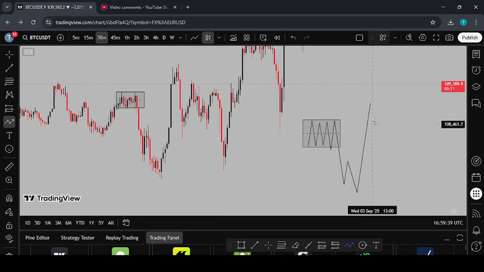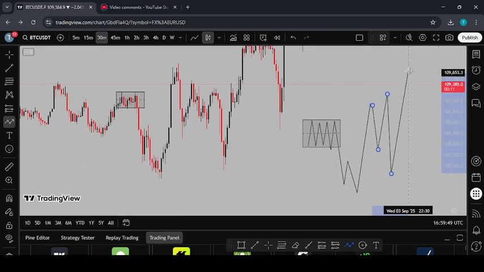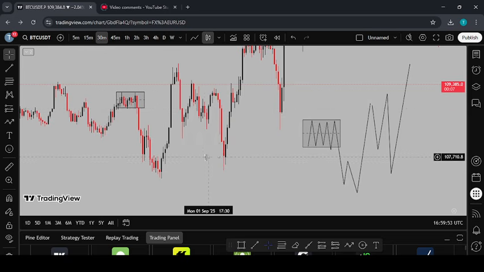Then the distribution move is when the market makes an incomplete pullback, comes back in and buys. So you can see this particular move the market made.